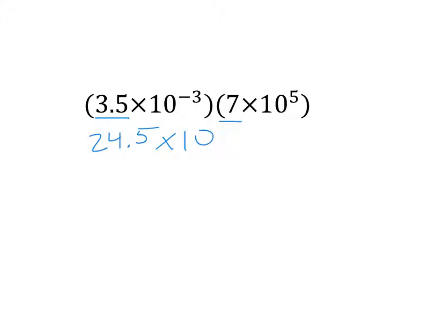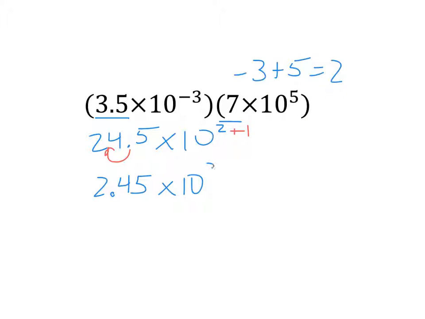Times 10 to, again, we're multiplying, so we add our negative 3 plus 5, which will give us 2. So we have 10 to the second power. But we need to move our decimal place 1 to the left, which means we need to add 1 to our exponent. So we should end up with 2.45 times 10 to the third.